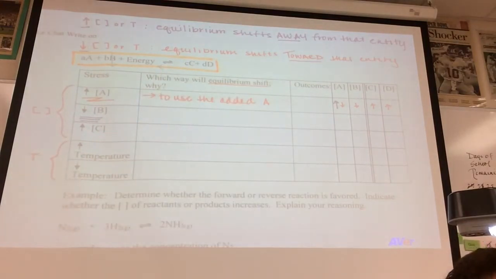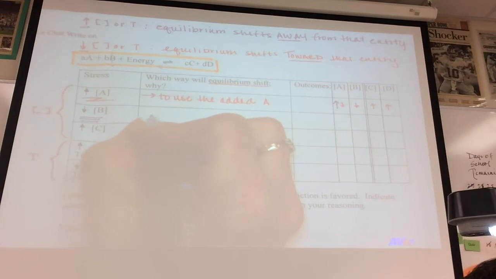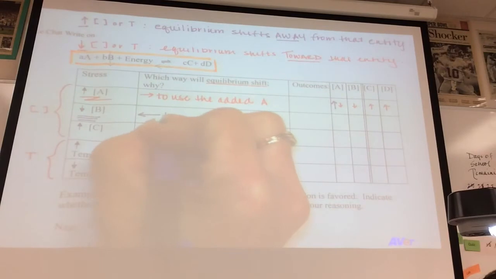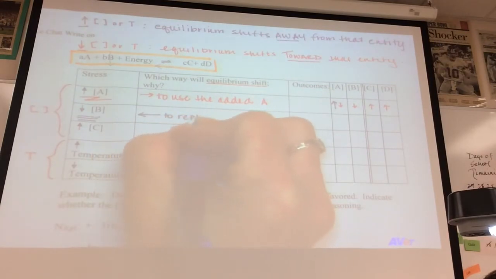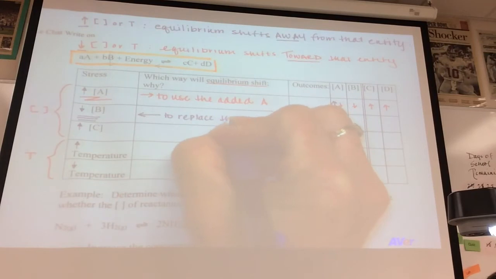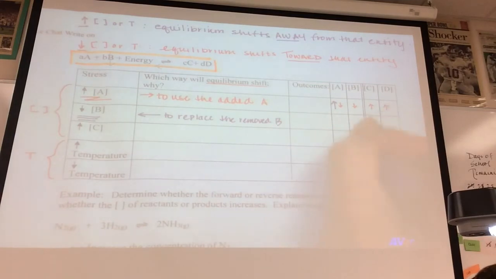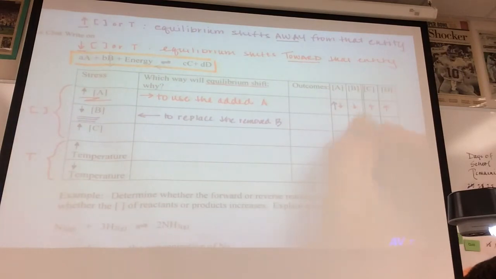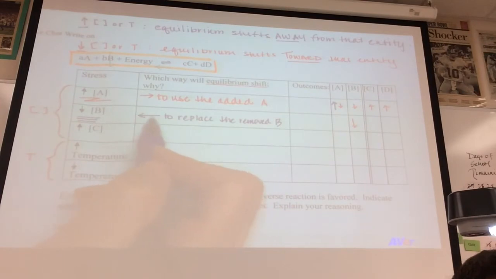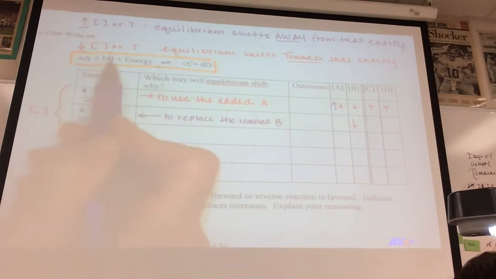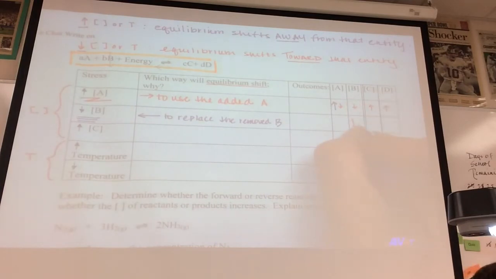So now equilibrium is going to shift in the reverse direction to replace the removed B. So initially I removed B, but with the reverse shift in equilibrium, these two, A and B, get generated, so their amounts will increase.